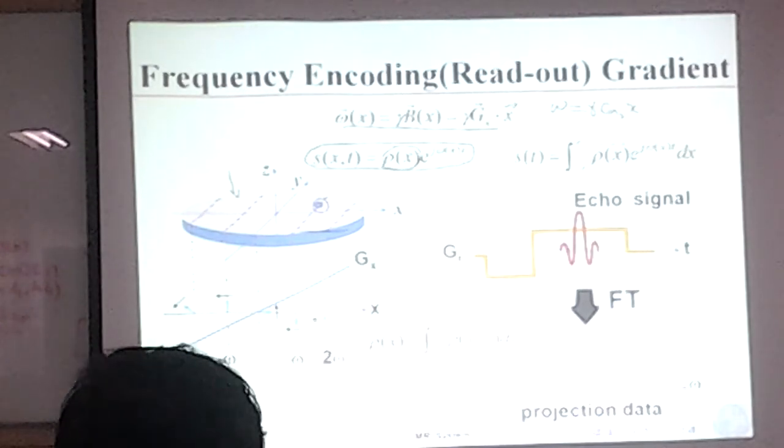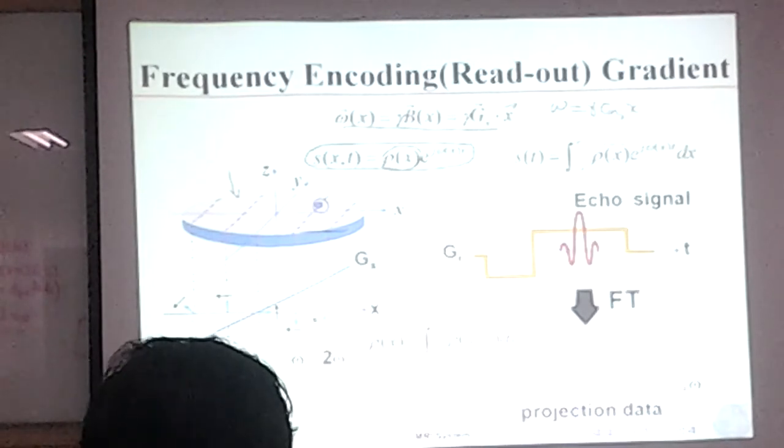And the acquired signal has the mathematical form like this, because the spin density becomes the line integral.